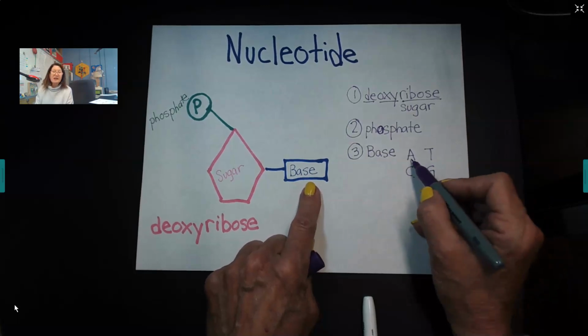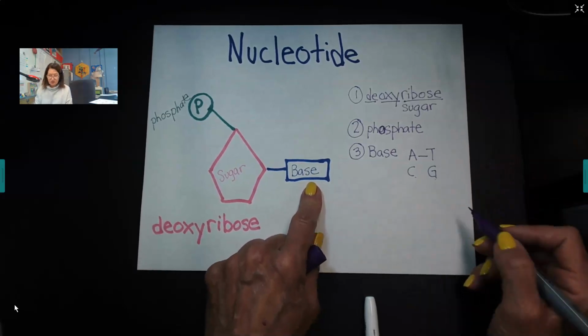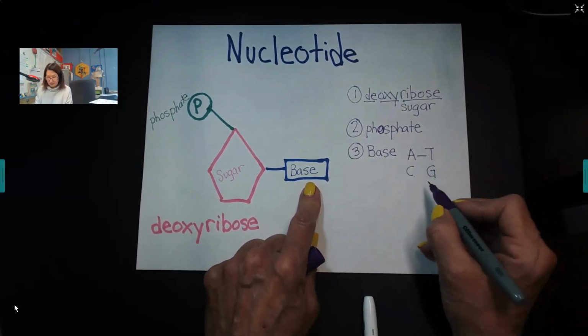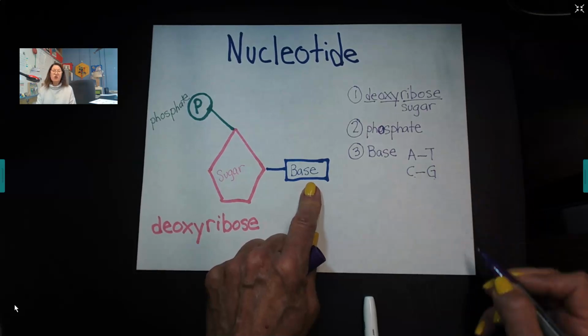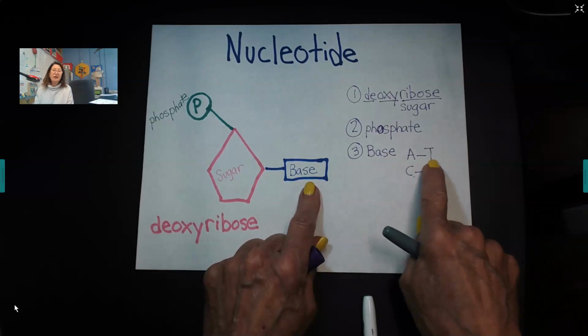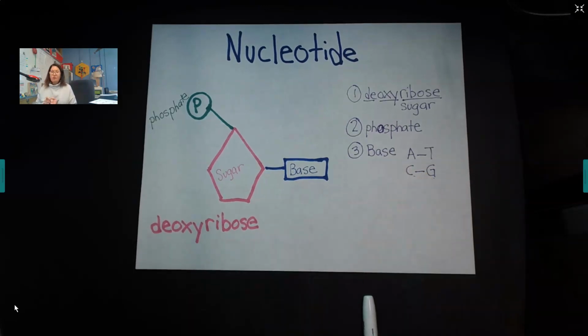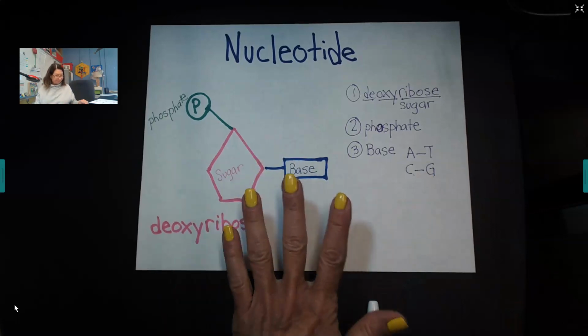A, adenine, is always going to go with thymine. That's why I'm putting this dash. And cytosine is always going to go with guanine. So think of apples in a tree and cars in a garage. So this is your basic nucleotide.